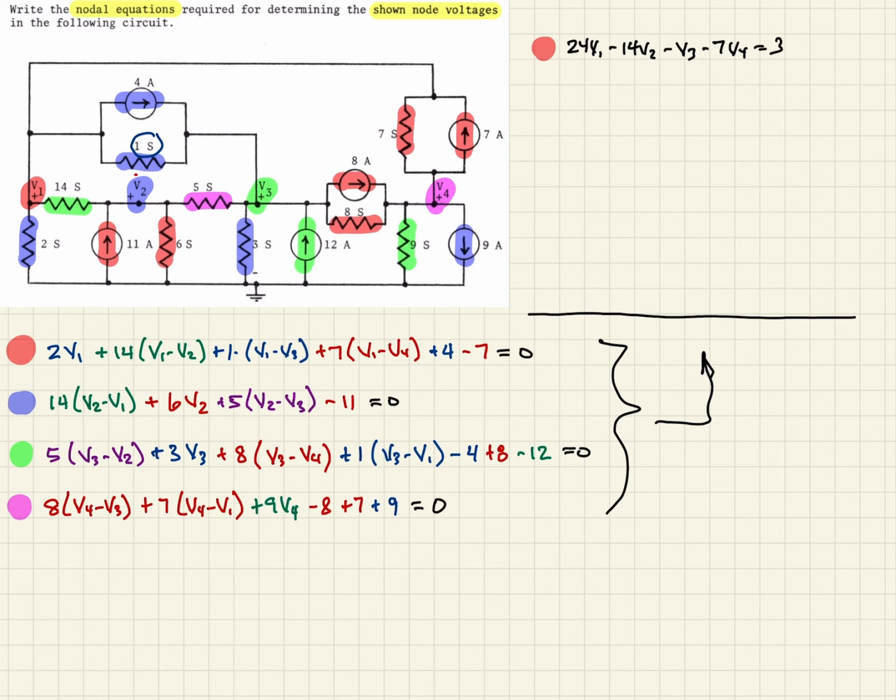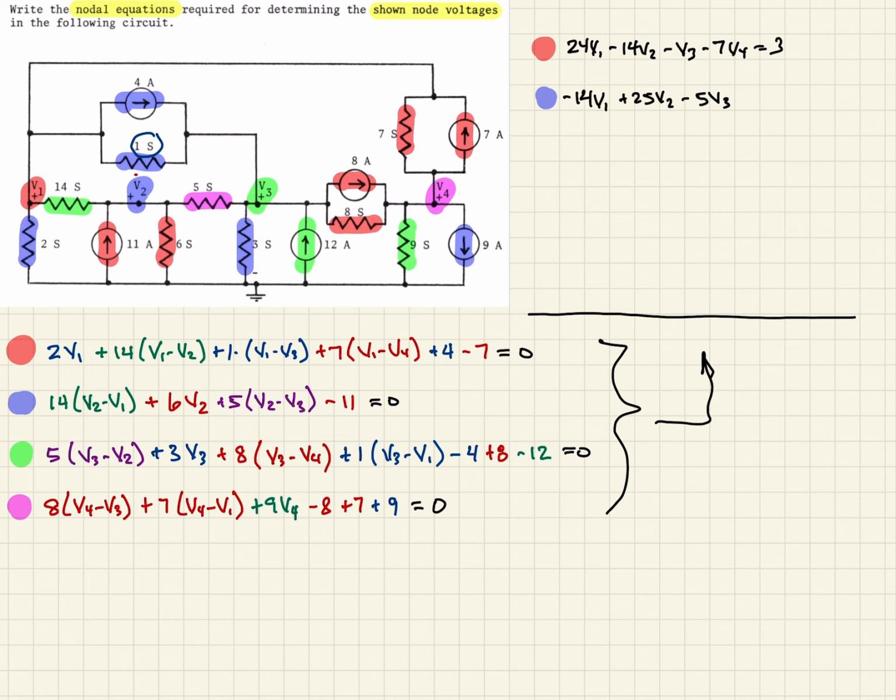So next we will have V2, which was blue, and that one reduces down to minus 14 V1 plus 25 V2 minus 5 V3, and that's going to equal 11.